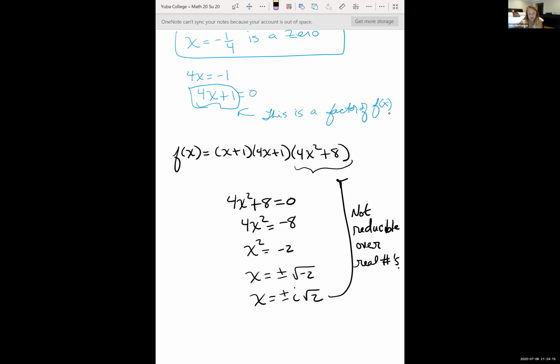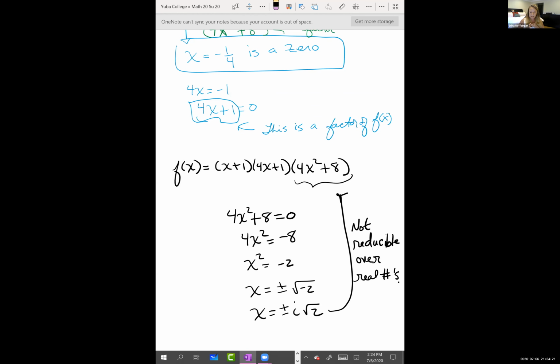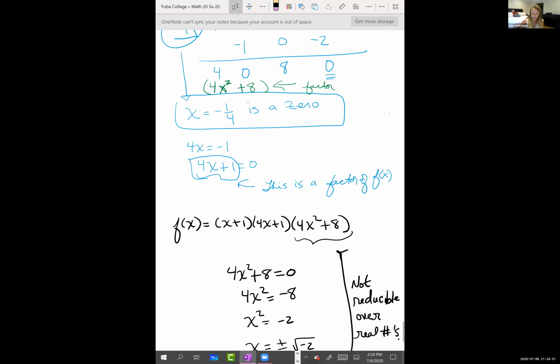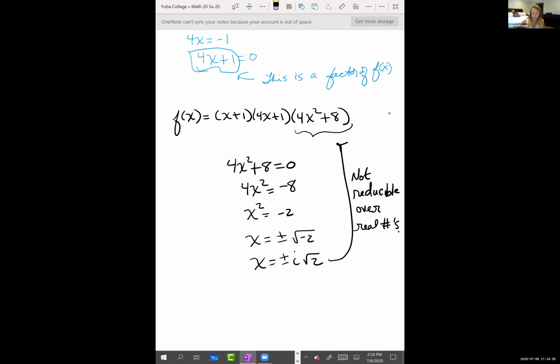And so notice that we found 2 zeros that were negative, the -1/4 and the -1. And Descartes' rule of signs said that would either be 4, 2, or 0. And we found 2 of them. The other 2 of the zeros were complex.